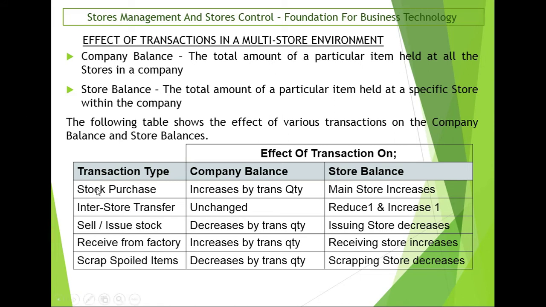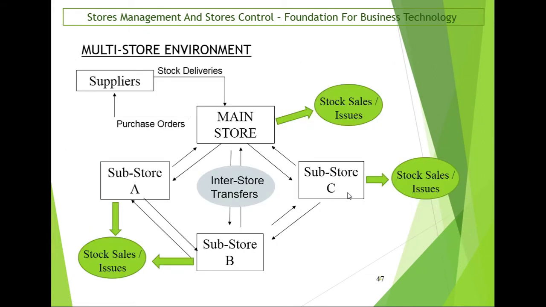So if we purchase some new stock from suppliers, it increases the company balance by the transaction quantity, in other words, the amount that we have received, and it also increases the balance at the main store, because the main store is the one that is receiving.